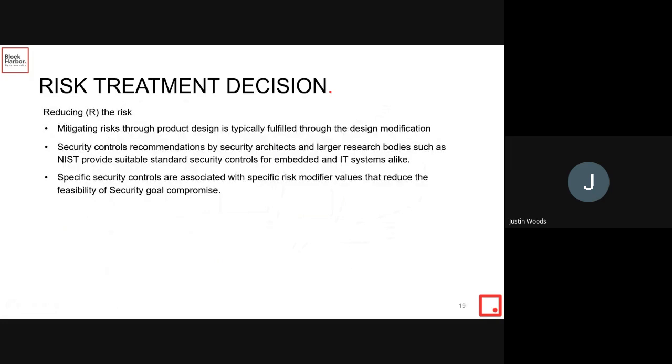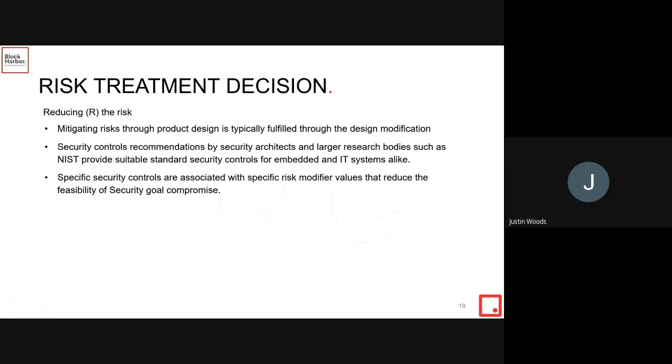So on the reducing portion here, we want to be mitigating risks through product design, and we want to typically have this fulfilled through design modification. So we want to make some change to it, not just add stuff on top of it. Security controls recommendations by security architects and larger research bodies, such as NIST, provide suitable standard security controls for embedded and IT systems alike.